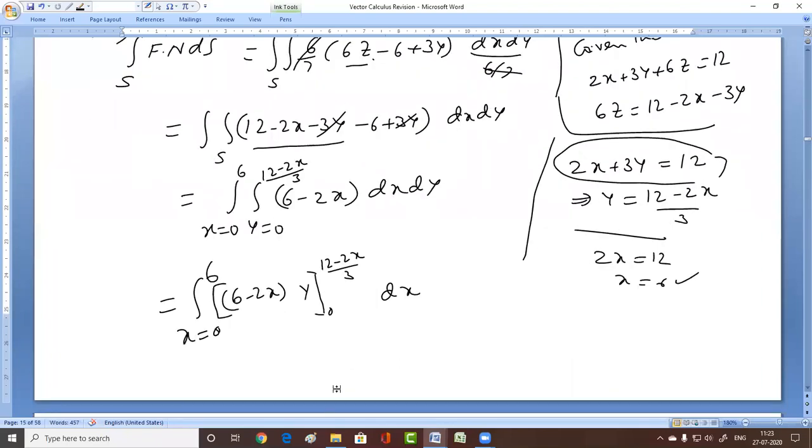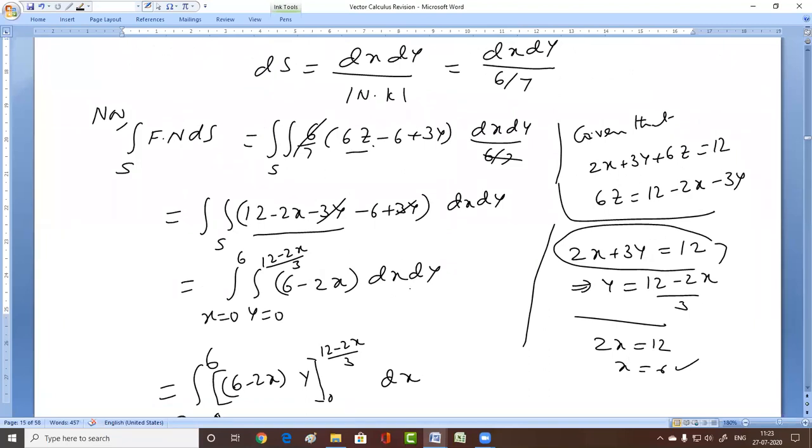For finding the limits in the xy plane, the projected region, there is no z term in the xy plane. Just remove the z variable. Simply you will get 2x plus 3y equals 12. From this, y equals 12 minus 2x by 3. Since the surface is in the first octant, the initial values always start from zero, as already shown in the diagram.